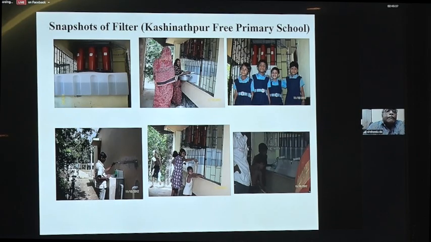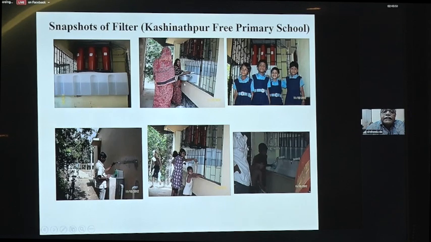So this is the filter assembly, where there is an overhead tank. Through the overhead tank we put alum so that the iron gets settled down. From an elevated location, we allow the water to pass through a series of columns packed with treated laterite, and then arsenic is removed and the water is collected in the bottom tank.